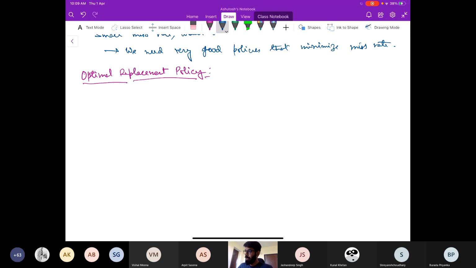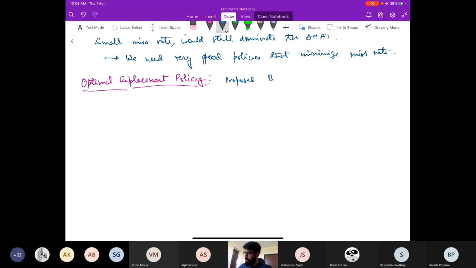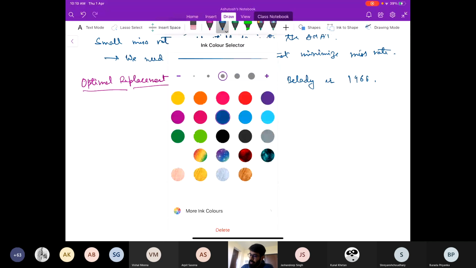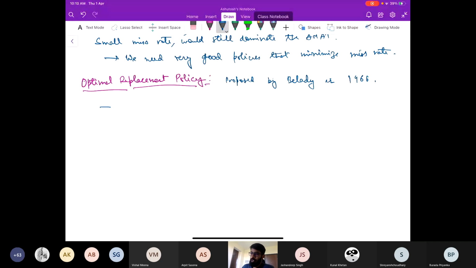So this was proposed way back in 1966, and it is a very simple and intuitive policy, and you can prove it to be actually optimal. So what does it say?